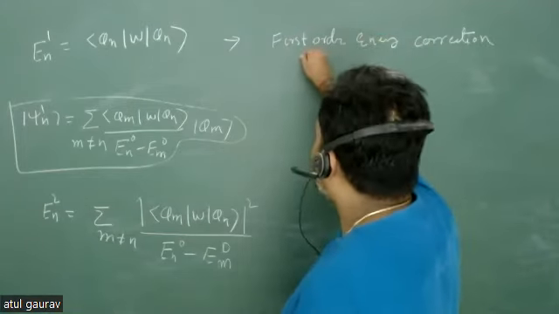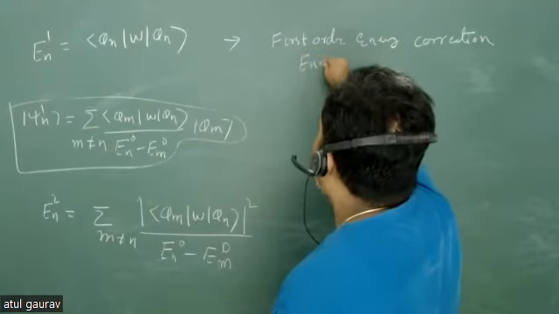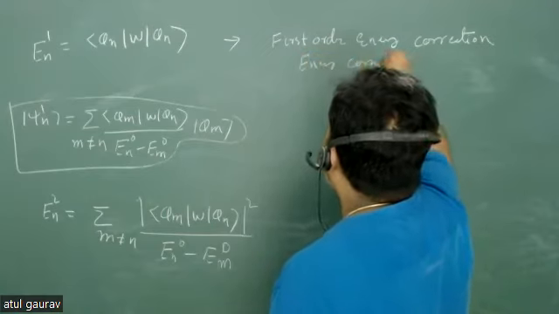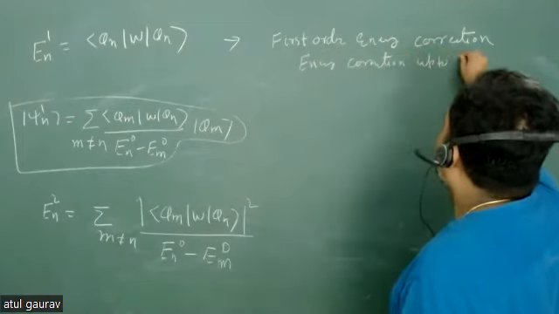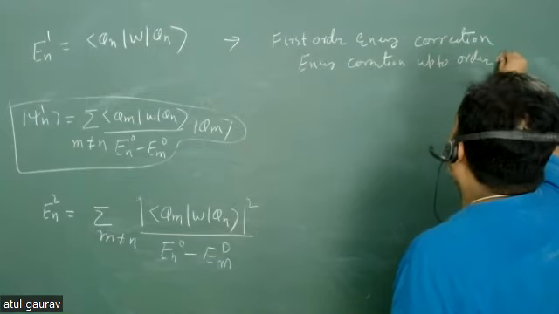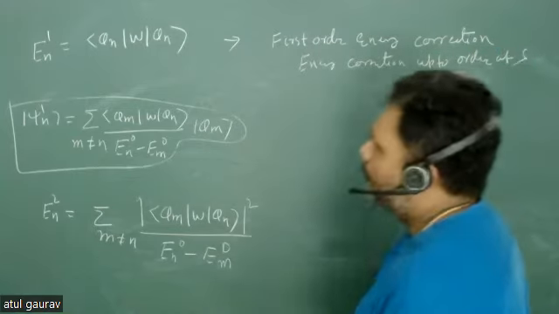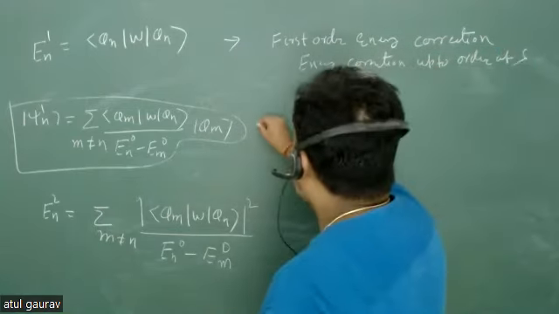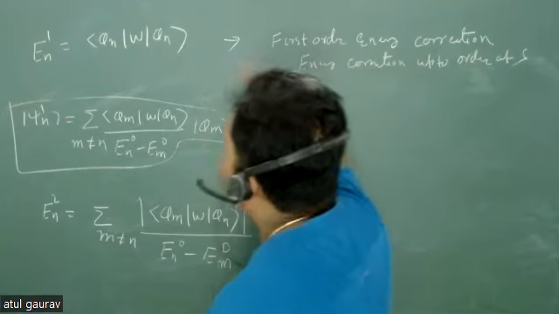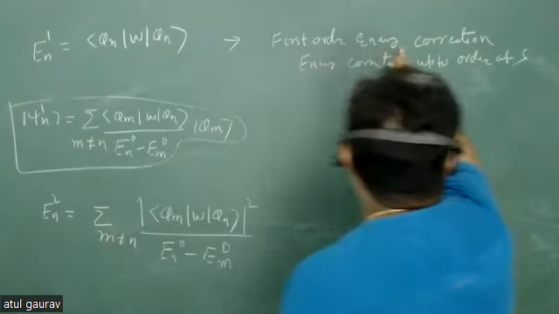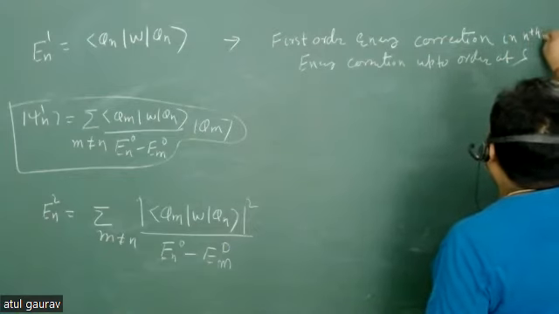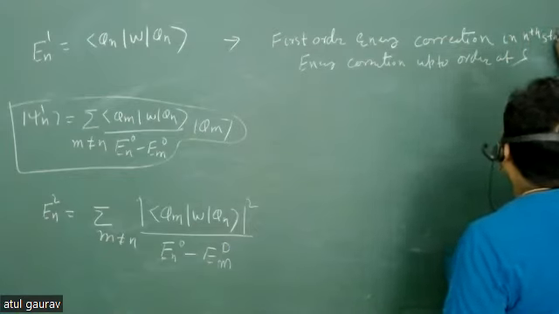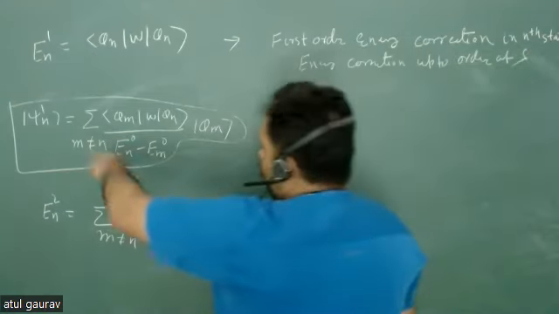Okay, so this can be also written as energy correction up to order of lambda. What will be this thing? और किस स्टेट की बात कर रहे हैं? nth स्टेट की. फर्स्ट ऑर्डर एनर्जी करेक्शन इन nth स्टेट. nth state. Okay.